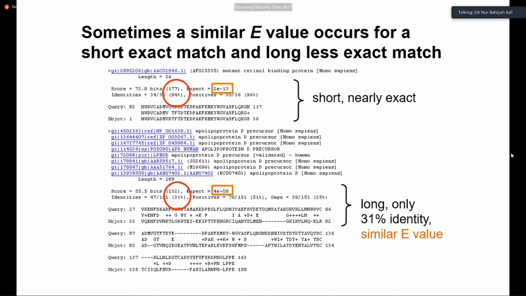Both E values are lower than 0.05, this is 2 e-13 and this is e-14. However, this one has an identity of 94%, while the bottom one has an identity of 31%. Although both E values are statistically significant, the identity percentage differs between one and another.